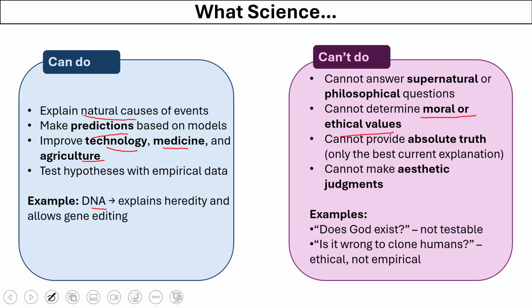There is nothing like an ultimate truth. We cannot say that whatever science is saying is the ultimate truth, but it is the best explanation based on facts. It can also not make aesthetic judgments.